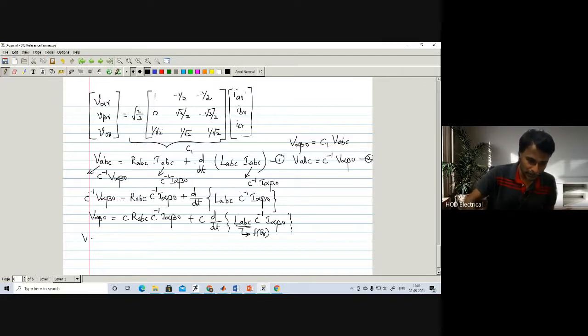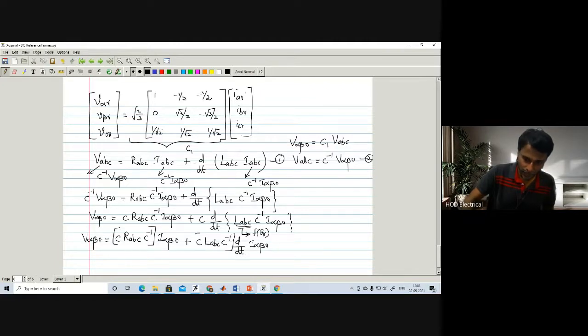Accordingly, we write V alpha beta naught equals C RABC C inverse into I alpha beta naught, this is the one form, plus C into LABC into C inverse into d by dt of I alpha beta naught.